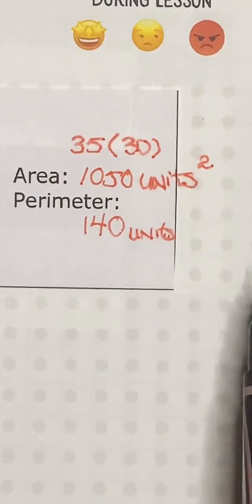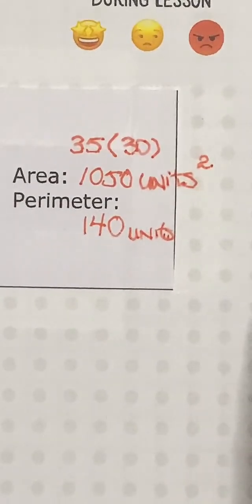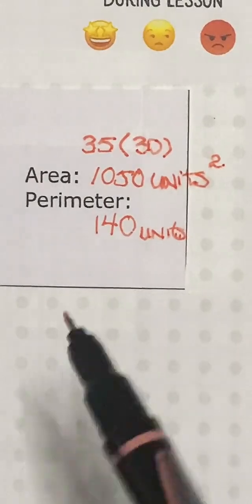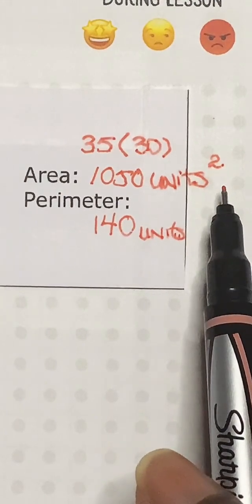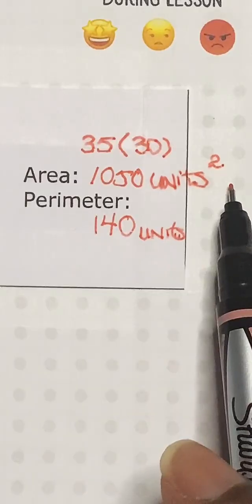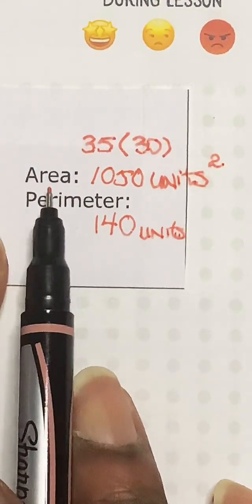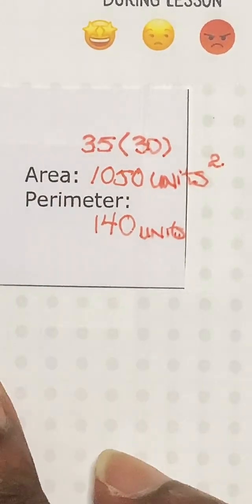If they tell you, tell me the area of whatever the figure is, the first place that I would look at is I would go to the answer choices and I would see which one is giving me units squared. If 2 out of the 4 gives me units squared, do process of elimination. Once you get it down to that, then you look, okay, I need to do the area, so that means I got to multiply the base times the height.